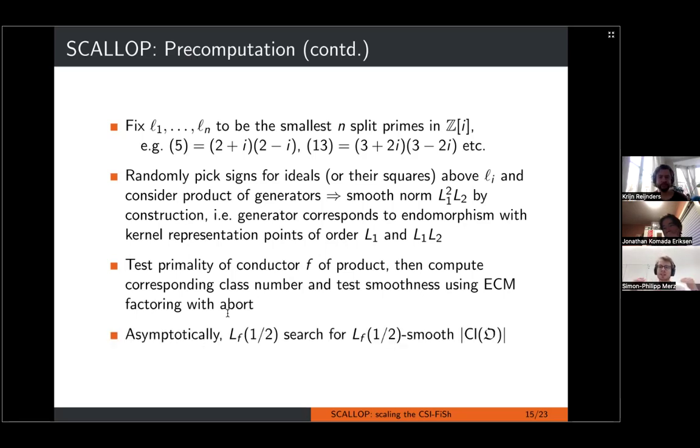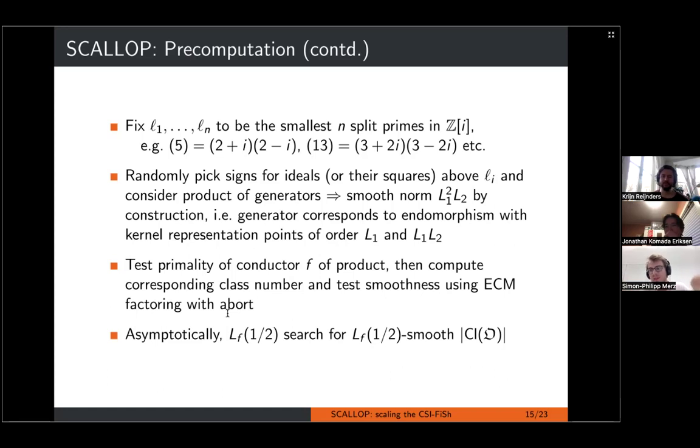However, you see that if we want larger security levels, somehow the class number will get gradually less smooth, and there's a random process involved. We would roughly expect to have a sub-exponential search to get a sub-exponentially smooth class number.